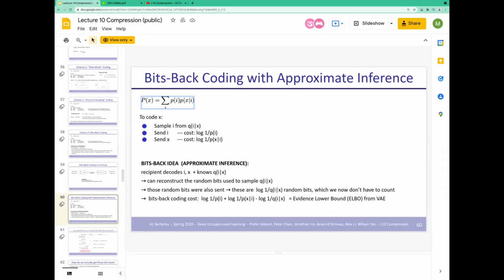Okay, and so this slide is about approximate inference. In the previous slide, we knew the exact pi, but if we're trying to use it with a VAE, then we just have an approximation, right? So we don't know what p of I given x is. We only have q of I given x.